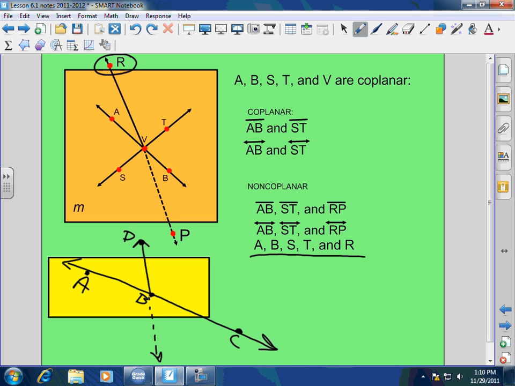DB has its own separate plane. AC has its own separate plane. Now, DB and AC are non-coplanar. But just saying a random point is non-coplanar is not accurate at all.